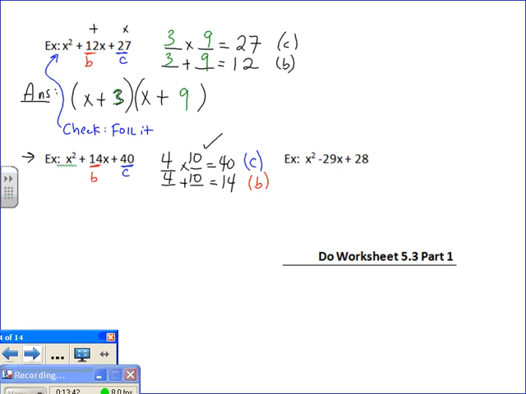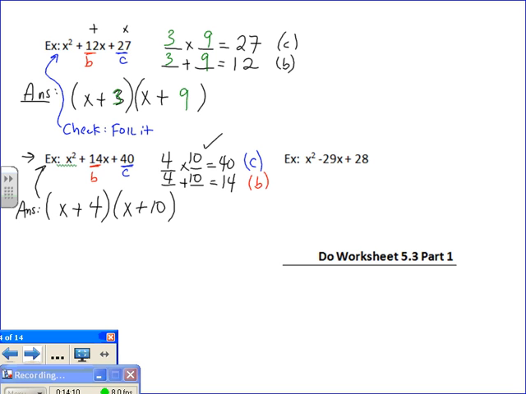So there are my two terms, and I write them as a product of binomials. So we have x plus 4 times x plus 10, the other term. Okay, and there's my final answer. I have factored this trinomial. X plus 4 and x plus 10 are the two factors that will give me this trinomial again if I FOILed it.